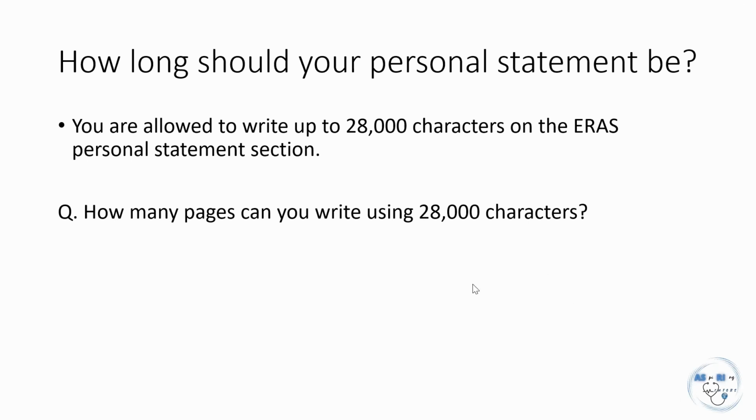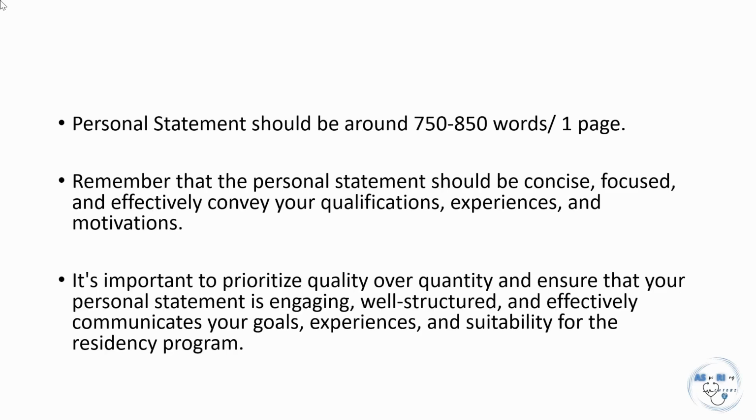So what should be the average number of characters or words you should use? There's an average of around 750 to 850 words, which mainly reaches around 1 page. Around 1 page is usually what people use as a standard for their personal statement.